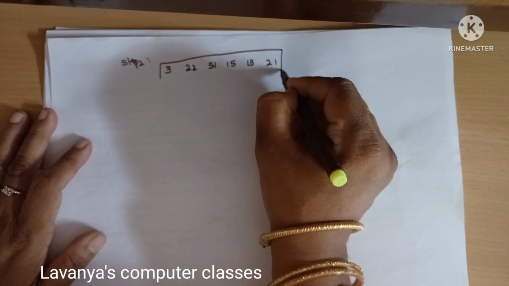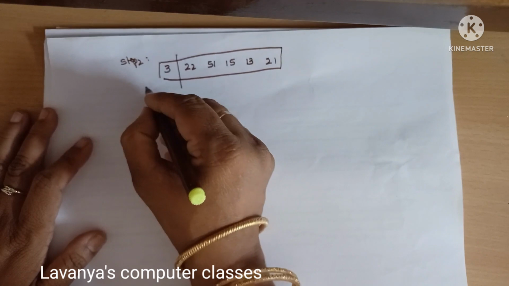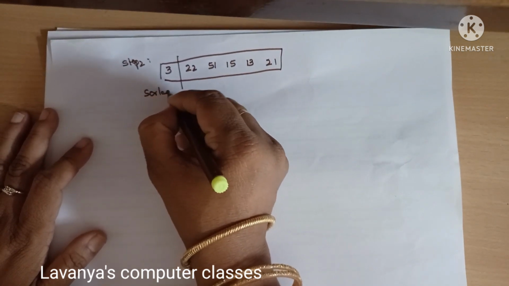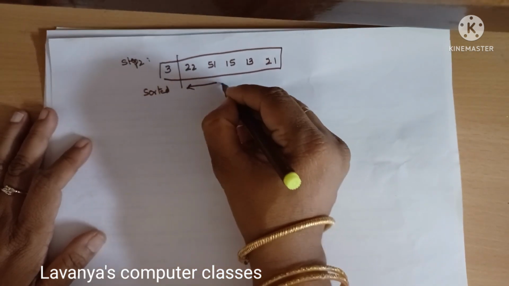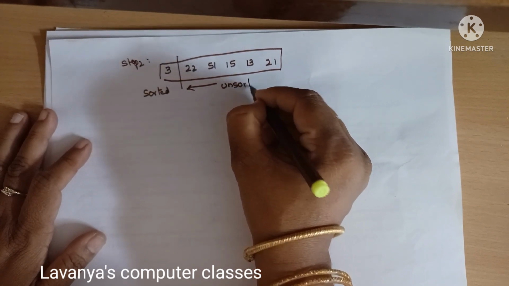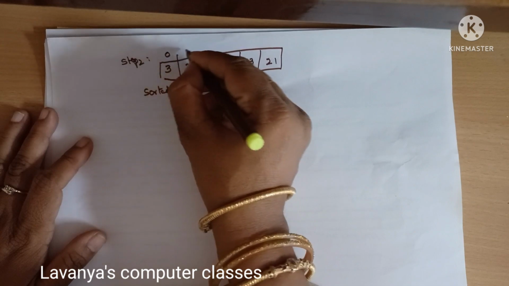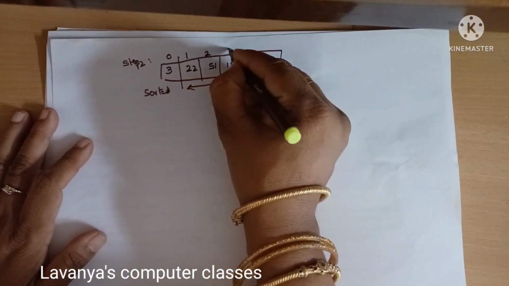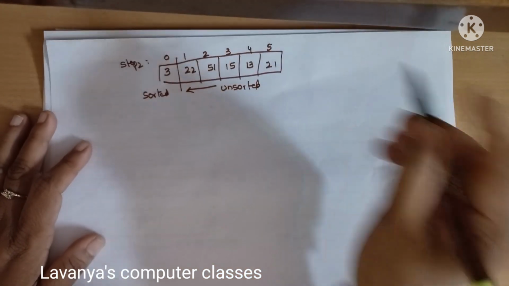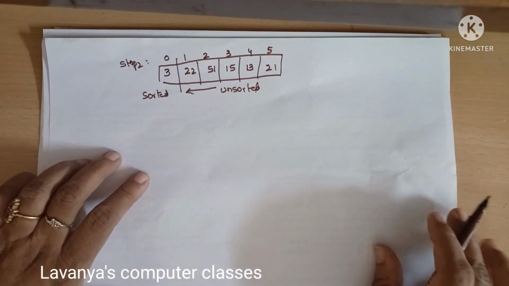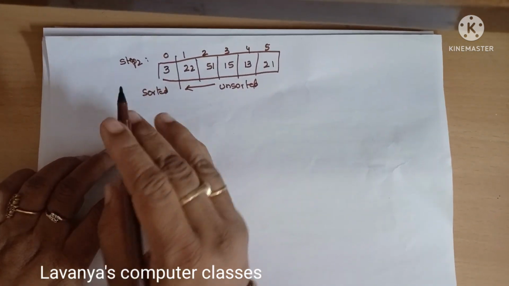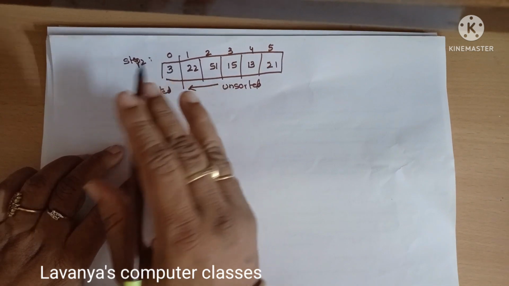But the first is already a sorted list, so don't touch anything here. This is unsorted, and these are the 0th position, first position, second, third, fourth, fifth. Now in step 2 we consider only unsorted array elements, because the first element is already in order.